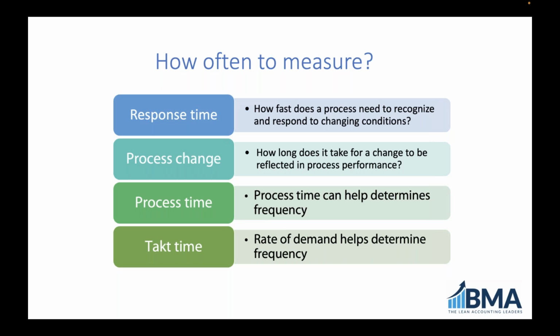That helps determine the frequency, compared to a very high volume manufacturing environment where a process is producing hundreds or thousands of products a day. So again, these are factors for discussion to figure out the best frequency of measurements for any value stream or process.